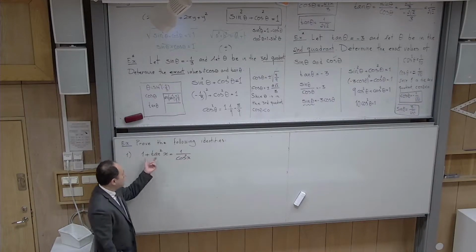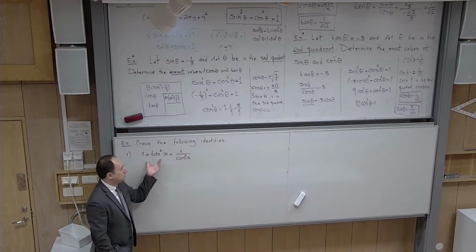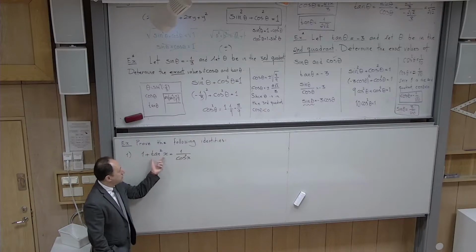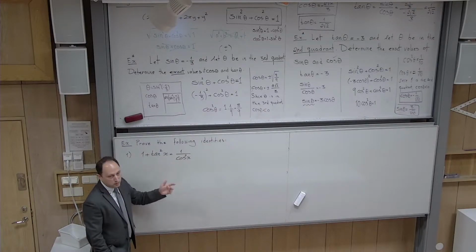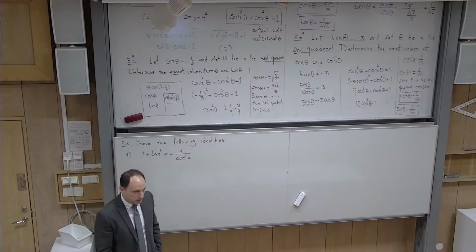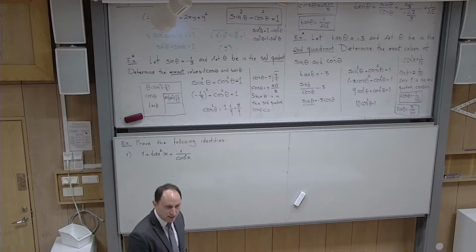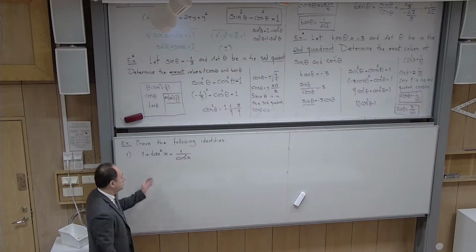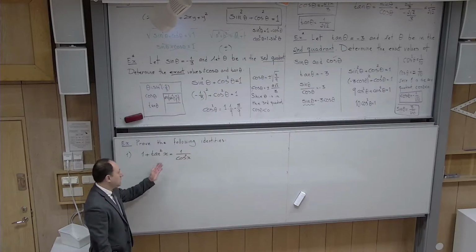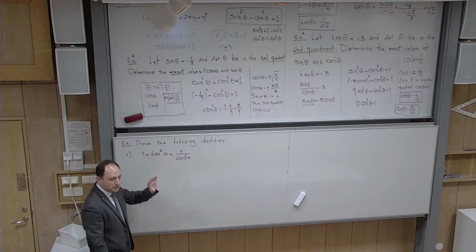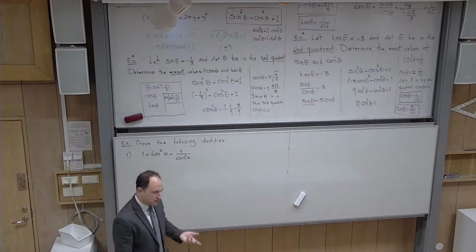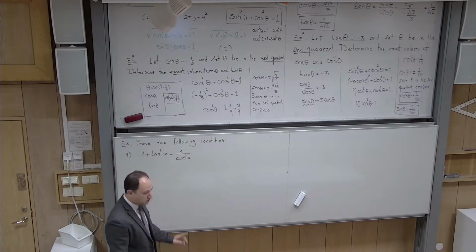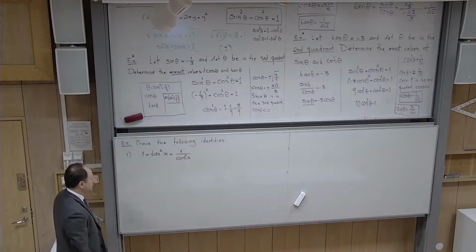So to be honest, if I want to mention it in a very rigorous way, I have to ask you to prove the following identity whenever cosine x is not 0. But this part is implicitly in the problem itself, so I will never mention it. When I ask you to prove the following identity, I mean prove the identity in the domain of validity of that identity. Yes? That is one thing that I want you to remember.